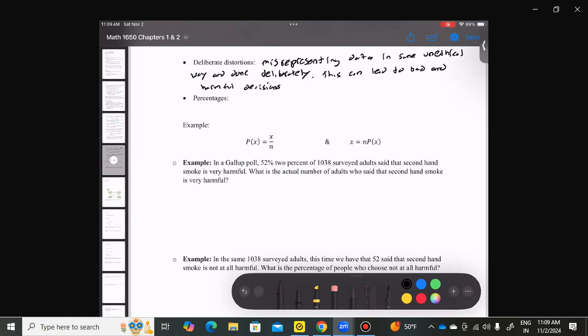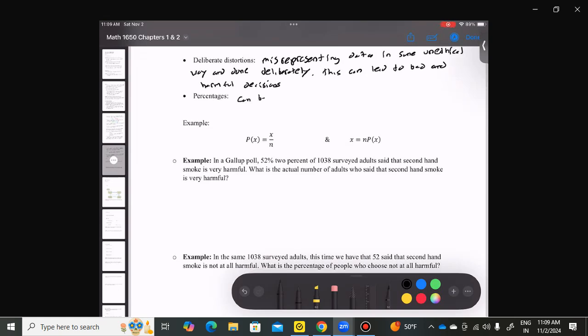Percentages can be misleading and not understood when they're not based on correct methods, especially when based on inappropriate sample size.